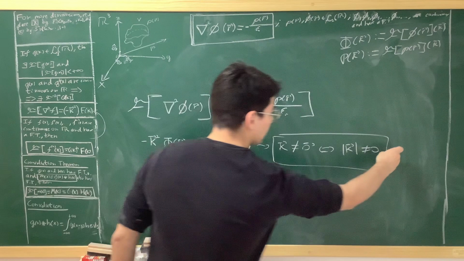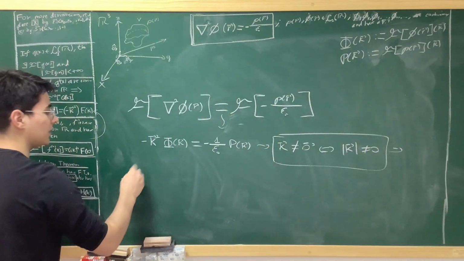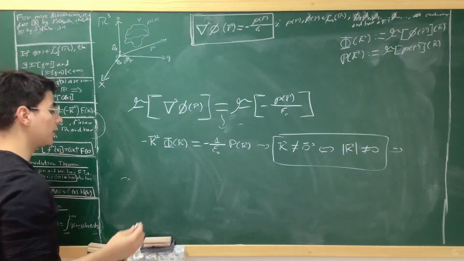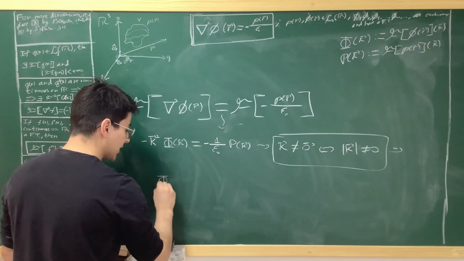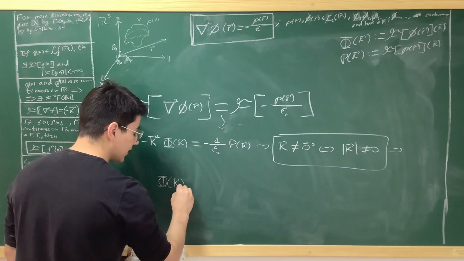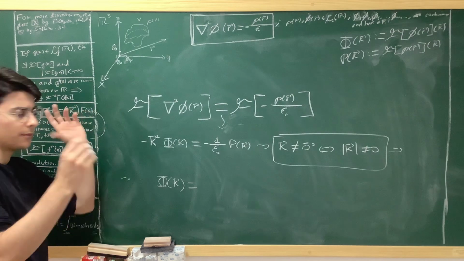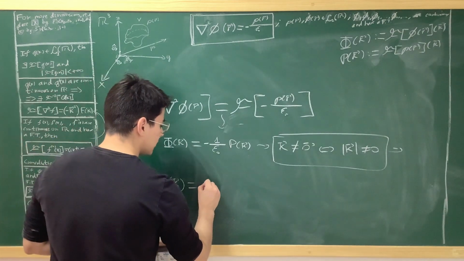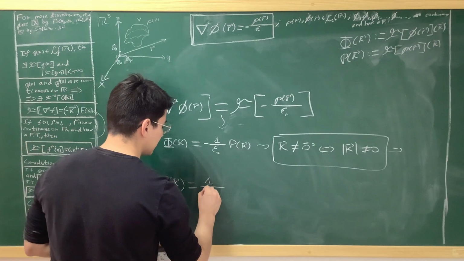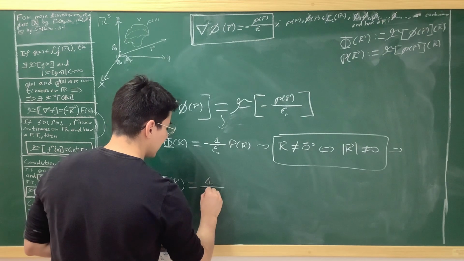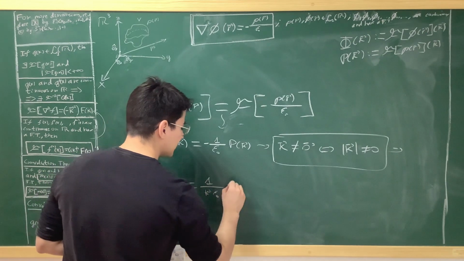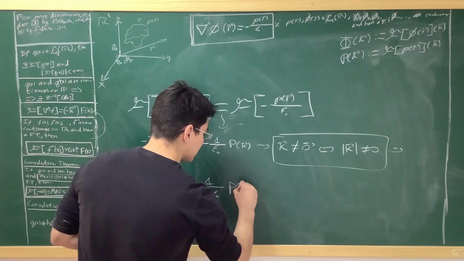So with this in mind, we can divide by this, which is just the modulus squared, and we get that on this k world, on this transform world, this Fourier transform is nothing but k squared over epsilon naught times this.